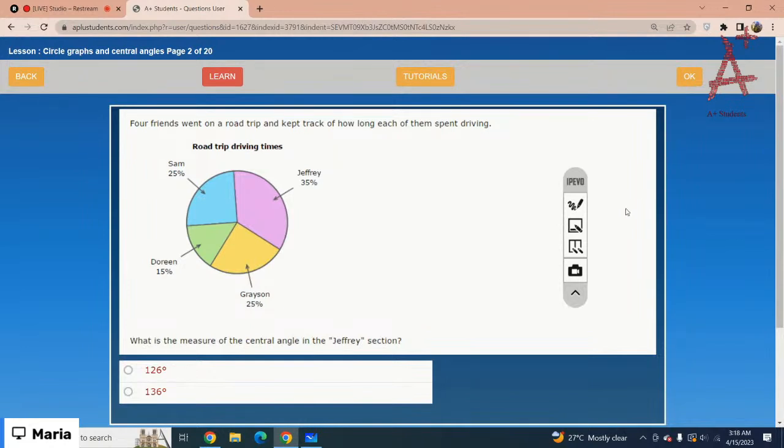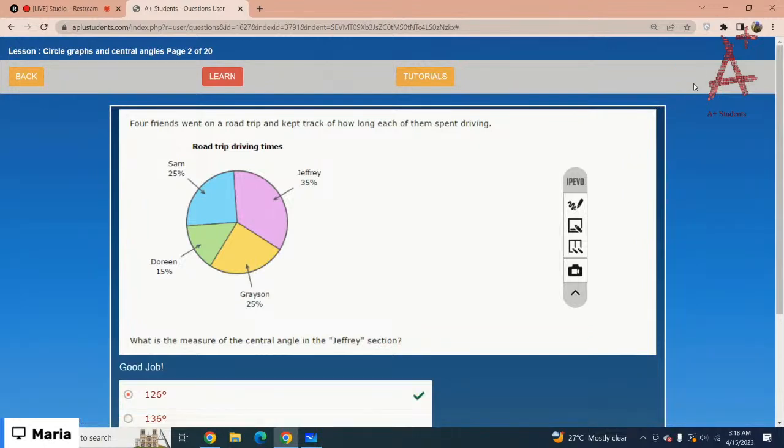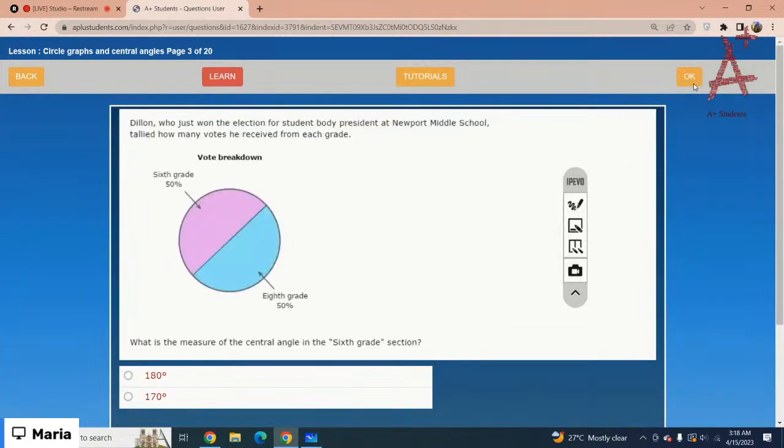Yes, very good. It would be 126. You have to do calculations on your own now. Got it? So just do calculations and write the answer in the chat box.